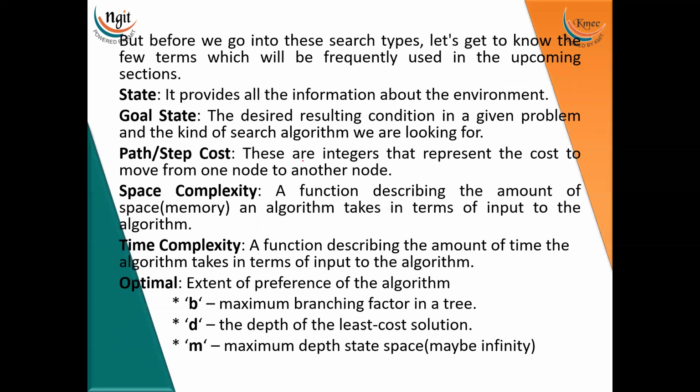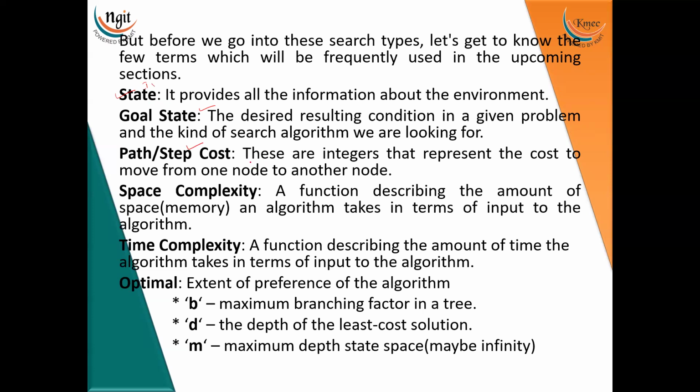Before going into these search algorithms, let us see some terminologies we will use throughout. A state provides all the information about the environment; there is the initial state, a goal state, and the path or step cost. The cost is an integer, that is, how much it costs to reach from one node to another.